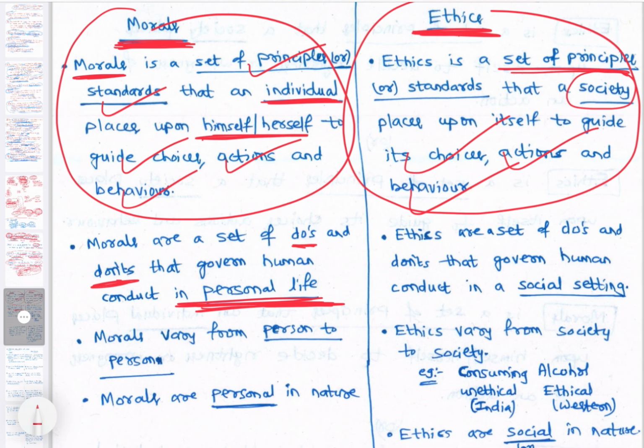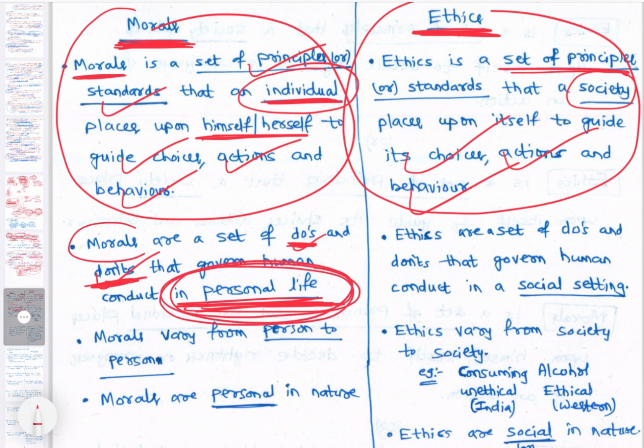Personal life. So morals deal with the individual level, and they deal with do's and don'ts in his personal life. For example, I find drinking alcohol immoral, so I don't drink alcohol. I think eating non-vegetarian food is not right, so I don't eat non-vegetarian food. So a set of do's and don'ts that govern human conduct in his or her own personal life, that is morals.